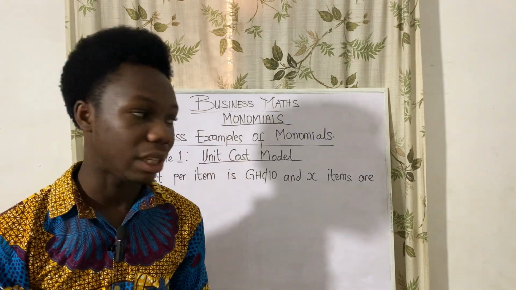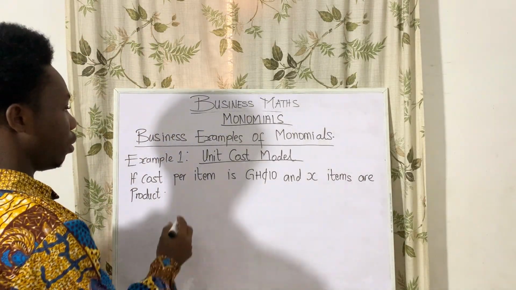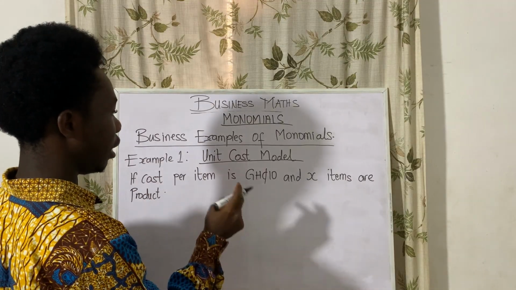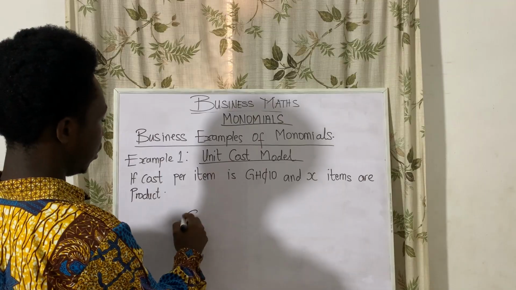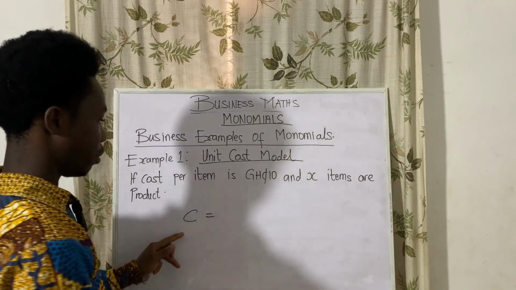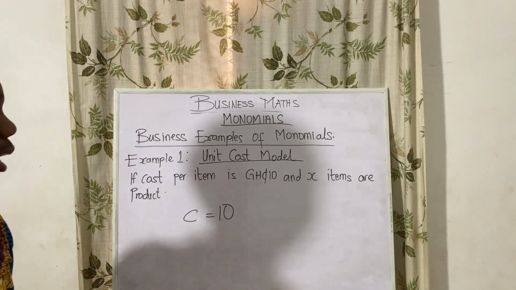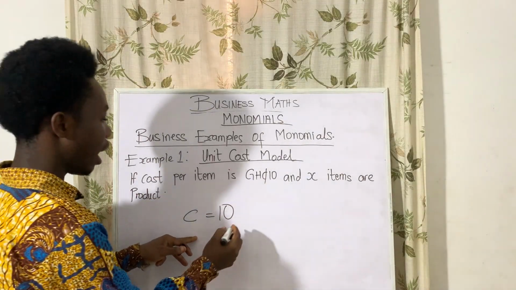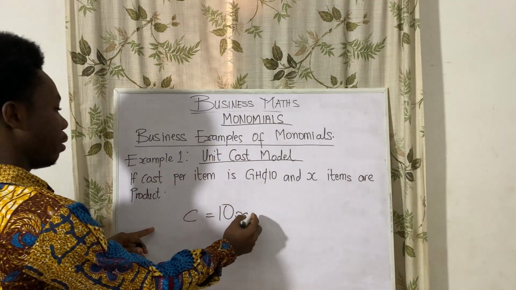Right now we have to express this. The cost per item is 10 Ghana cedis, and X items are produced, right? So we add X to this. So this will be the answer.